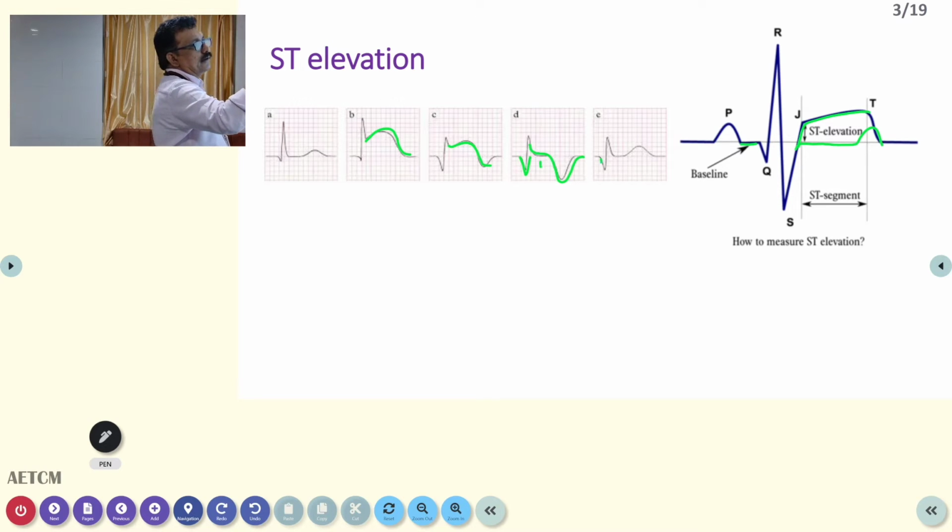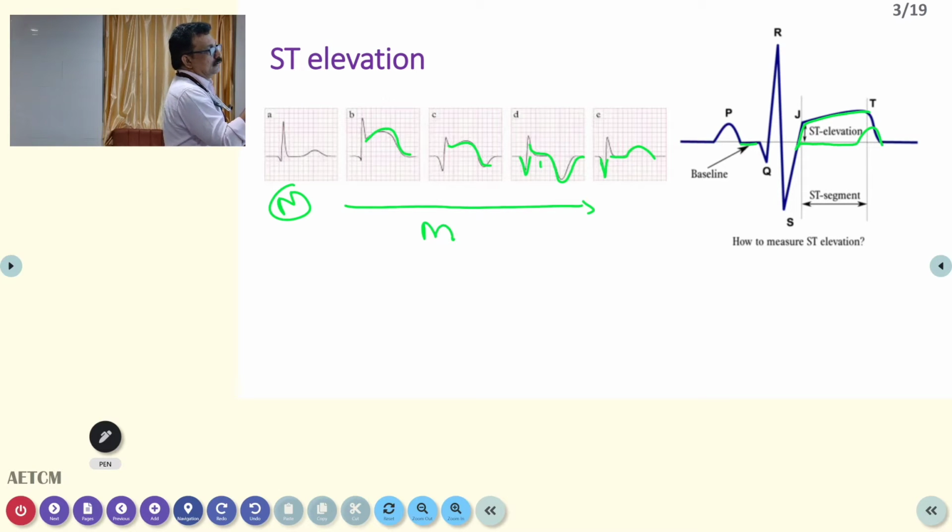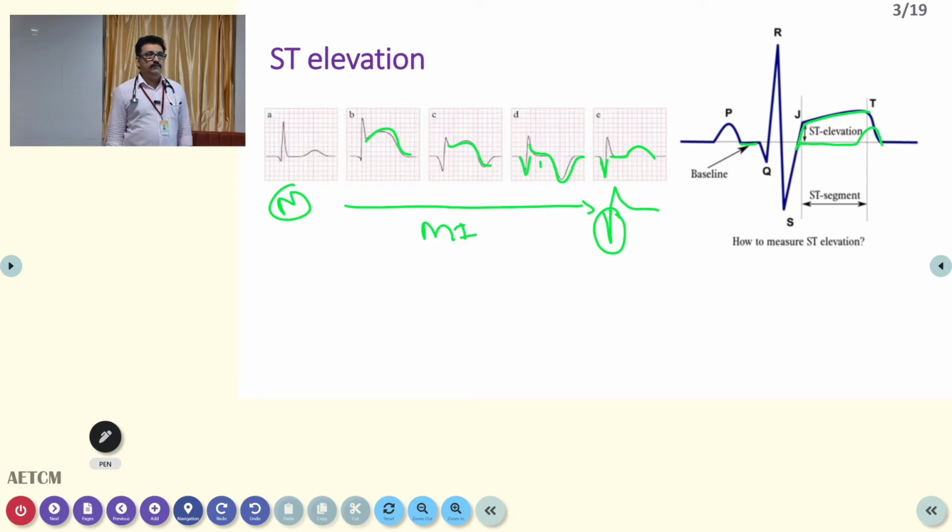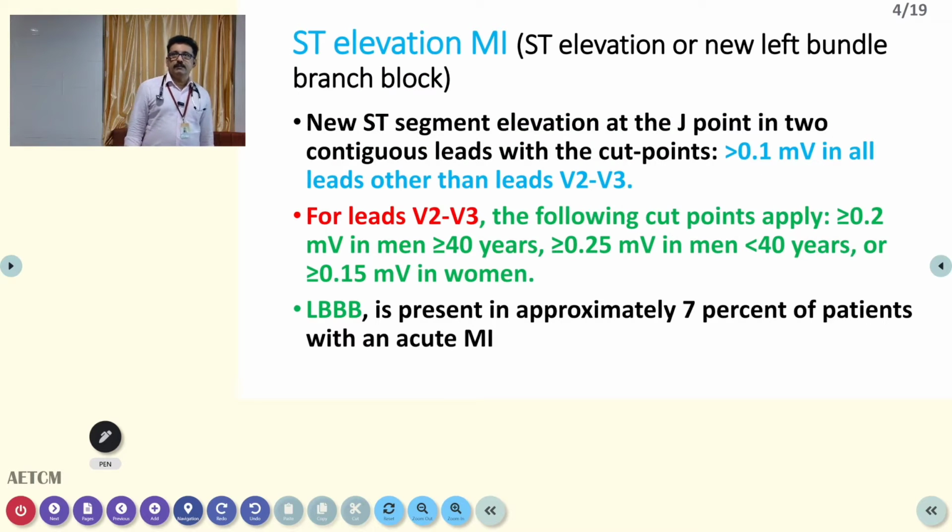Then the Q wave deepens, and the ST segment becomes normal. So here it was normal, then the patient developed myocardial infarction. Then after some time the ST segment has come back to normal, but the Q wave remains. That shows infarcted or dead tissue. That we will not see now. We are only looking at ST segment elevation.